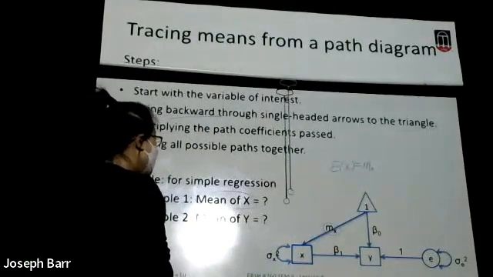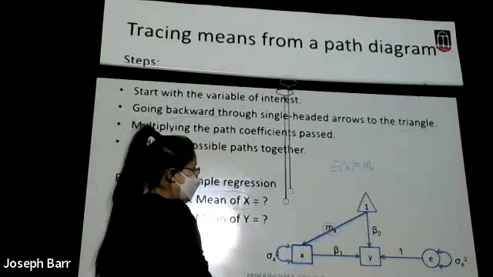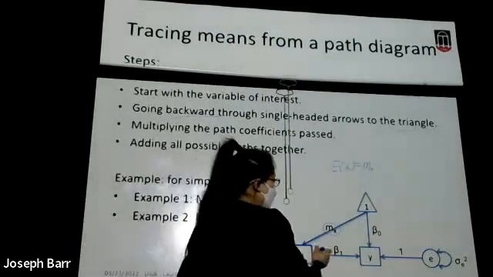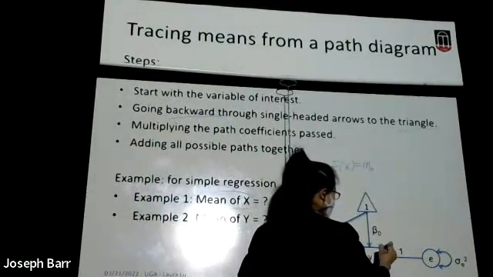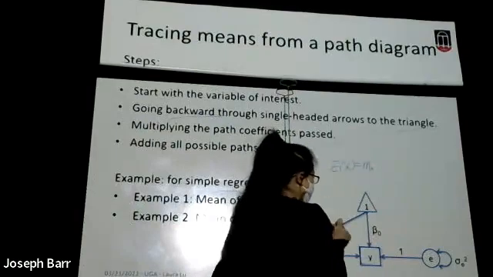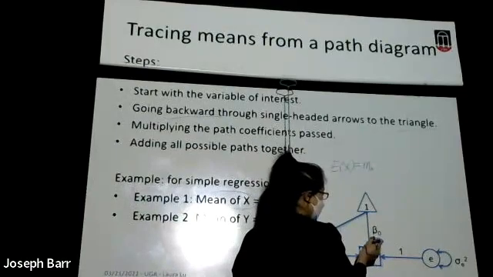Mean of y. Starting from the variable of interest, we start from y. This is our starting point. Finally, we need to go back to 1. Here I found one path, again following backward the single-headed arrow.